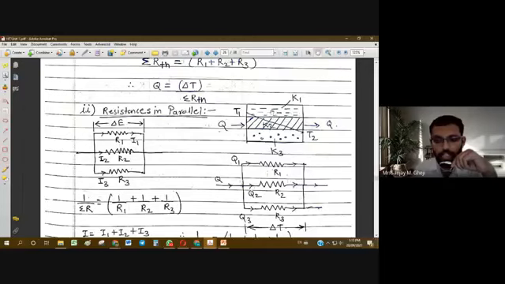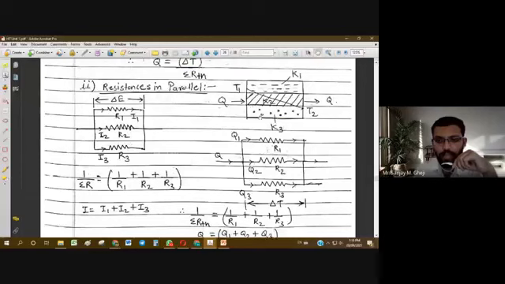All three are common on one side, and at the other end also all three are connected together. So this face is at temperature T1, this face is at temperature T2, and heat flow is occurring through them. The temperature difference delta T remains the same for all three materials because their ends are common.